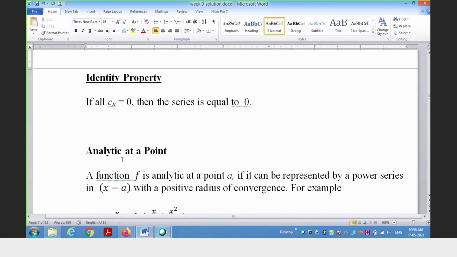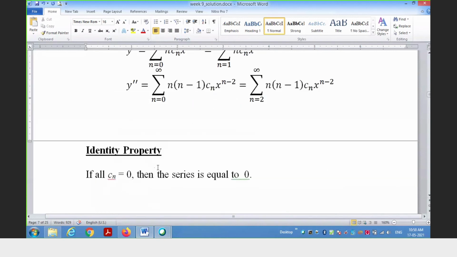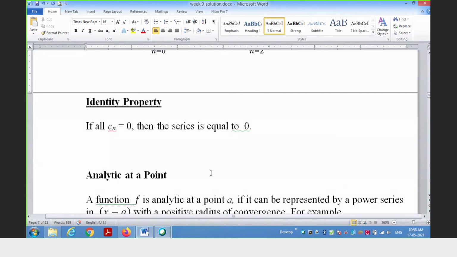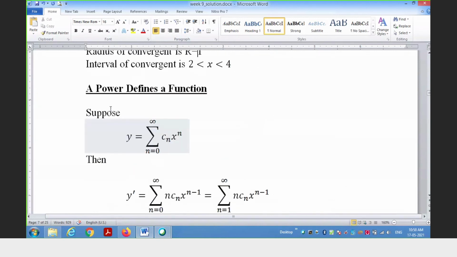We can relate this to a power series that defines a function. We define this power series as y. Now y can be written as a power series, or we can represent y in terms of Taylor series.